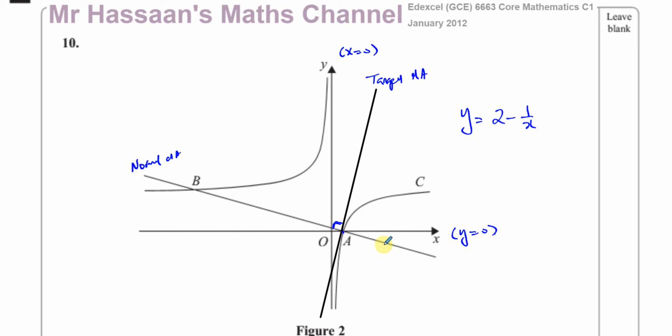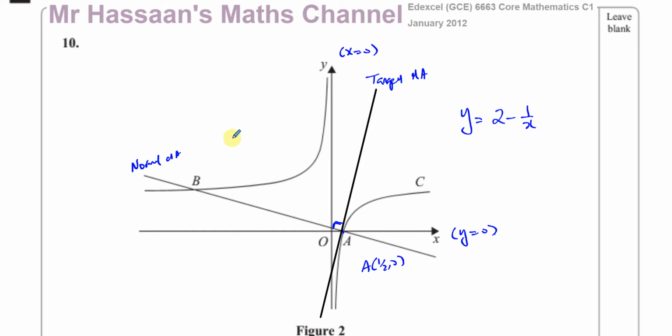So we've been asked to find the equation of this normal. To find the equation of a straight line, we need two things. We need a point on the line, which we have, which is A, (a half, 0), which we found already, and we need to know the gradient of the line. So I need to find the gradient of this normal, and then I can find its equation because I already have a point on it.